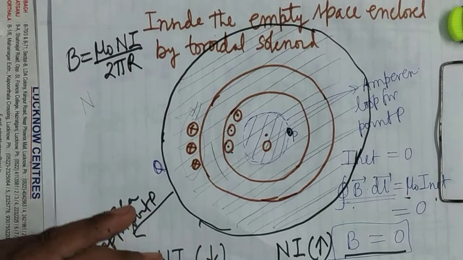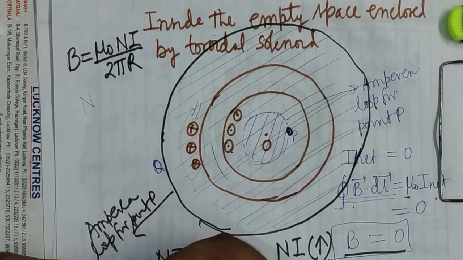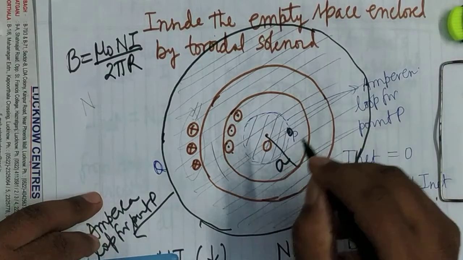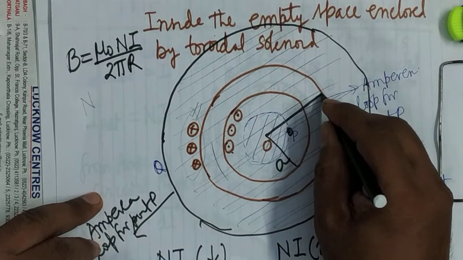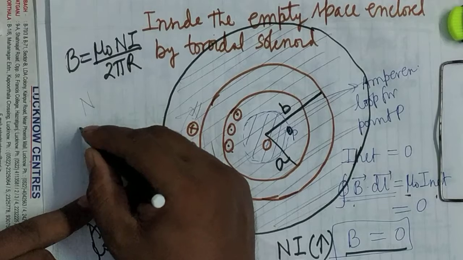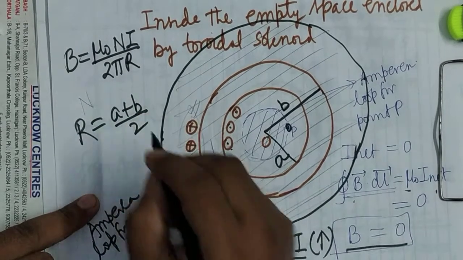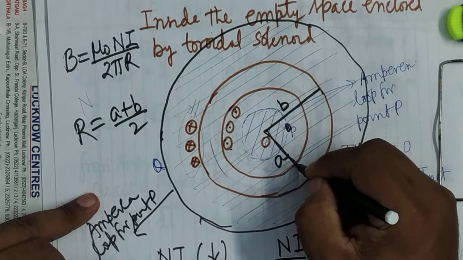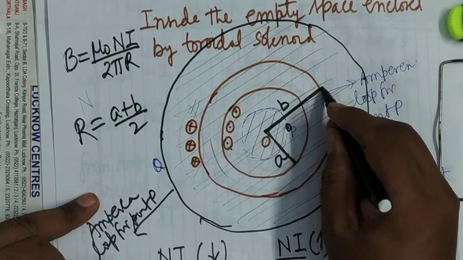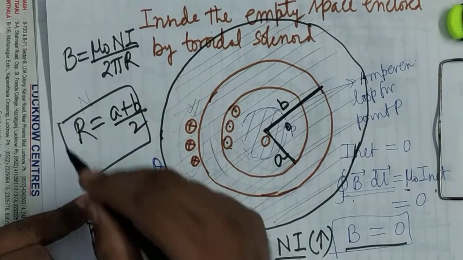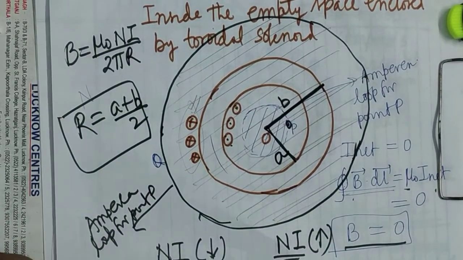Suppose the internal radius is small a and the external radius is small b, then you can write r equals a plus b upon 2. So the average radius will be a plus b upon 2.